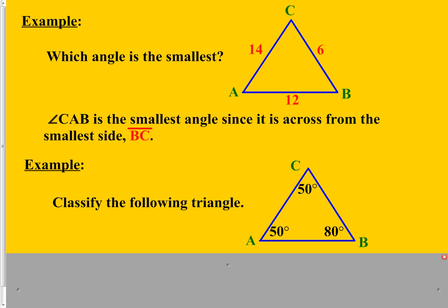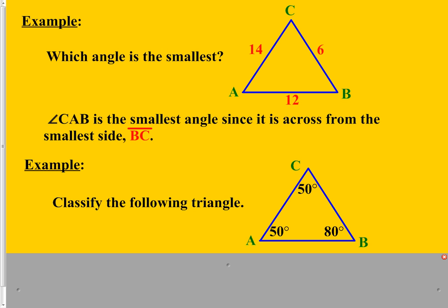Okay, but there should also be at least one term that describes the side lengths for this triangle. Okay, well, obviously we don't have any side lengths to go on, but we do have the angle measurements. And one of the things we need to notice is that inside of our triangle, we have two angles that are the same measurement. That is going to mean that across from those two congruent angles, we are going to have two congruent sides.